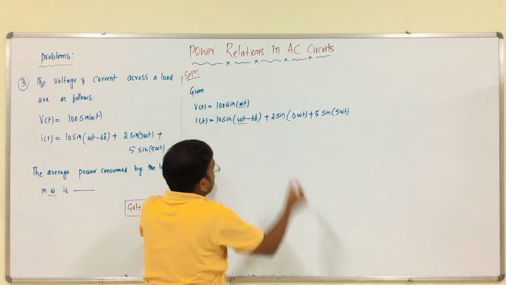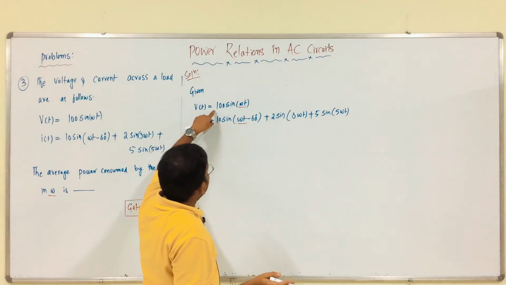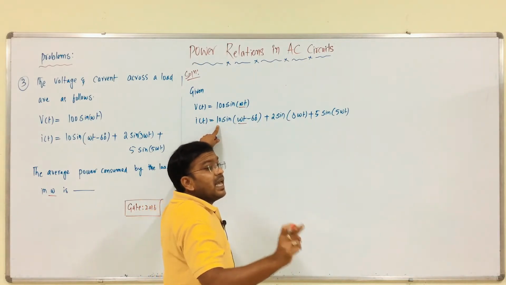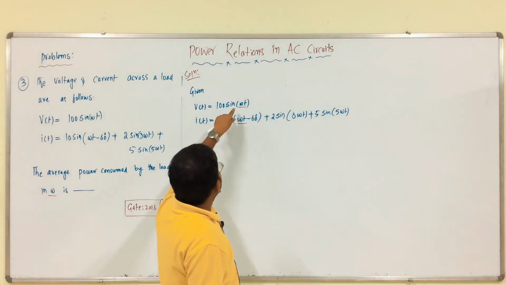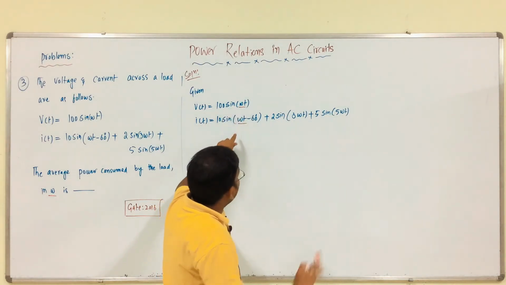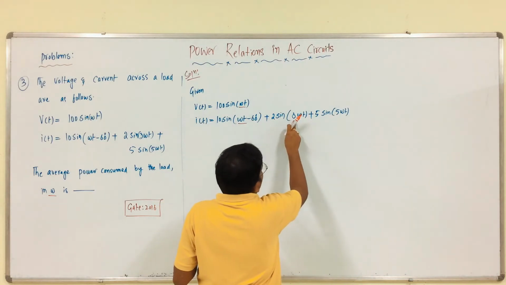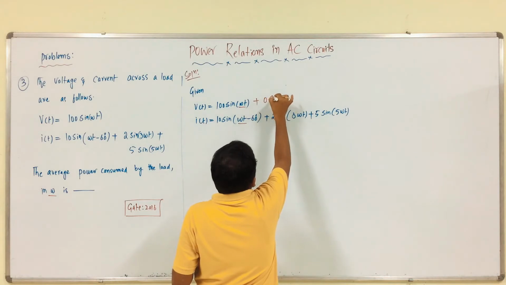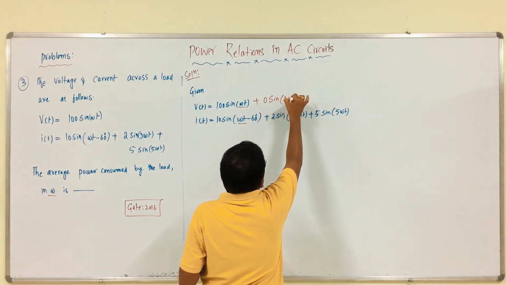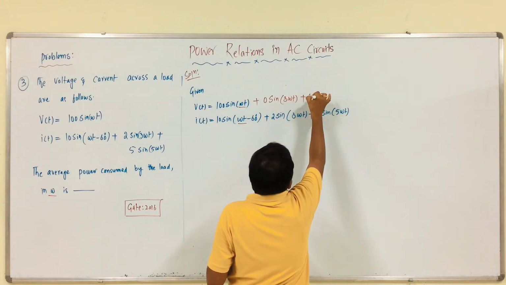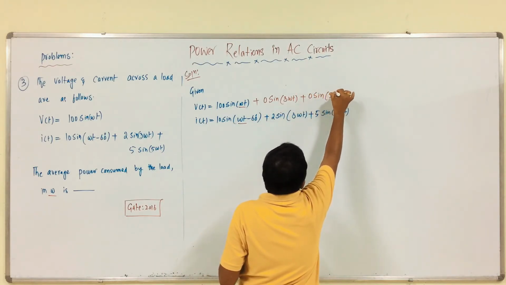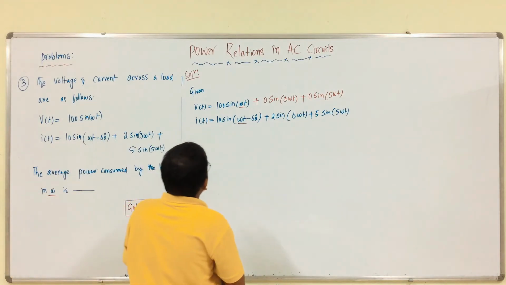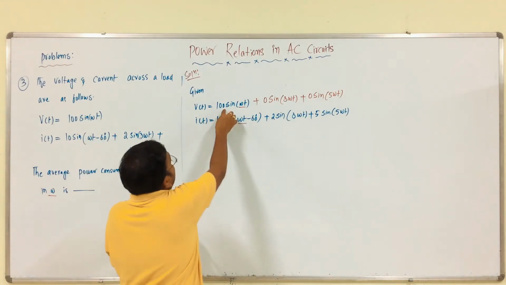So we have the same frequency, completed. We have different magnitudes of voltage and current, no problem. But in any case, we have the same frequency, sin omega t. But coming to this, we have 3 omega and 5 omega in the case of current, but we do not have any term related with 3 omega and 5 omega in the voltage. So we have to consider only these two terms.